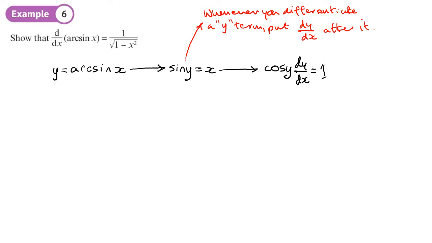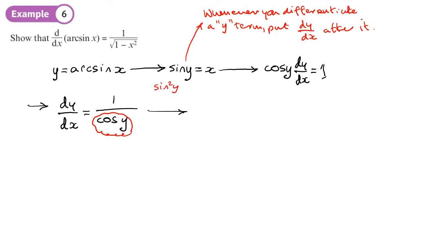We want to work out what dy dx is, so we make dy dx the subject. So dy dx will equal 1 over cos y. Here we can use the identity for this bottom part, because we know that sine squared y plus cos squared y is 1.